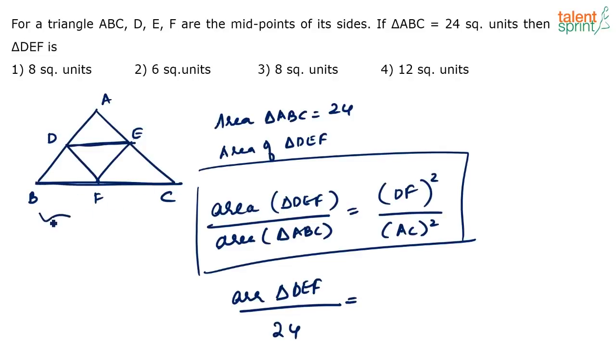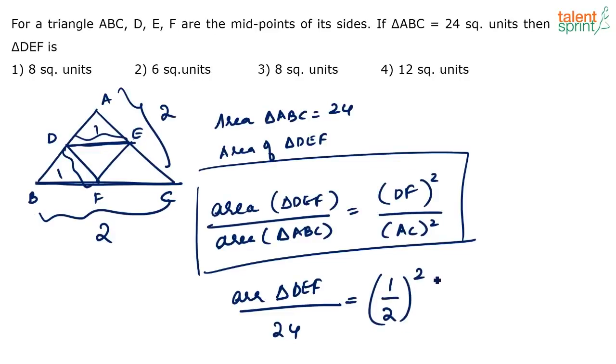So if this length AC is 2, then this DF is 1. Similarly, if this is 2, this is 1, and so on. So here I have to do 1 divided by 2 the whole squared, or I can say area of triangle DEF is equal to 24 by 4, that is equal to 6. Yes, there are a lot of ways. This is one way in which you can solve this question, that is you can say the answer is 6 units.